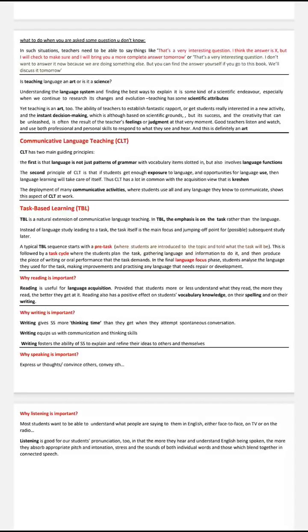"But I will check to make sure, and I will bring you a more complete answer tomorrow." Or, "That is a very interesting question. I don't want to answer it now because we are doing something else. But you can find the answer yourself if you look in this book or that book. We will discuss it tomorrow or the next time."